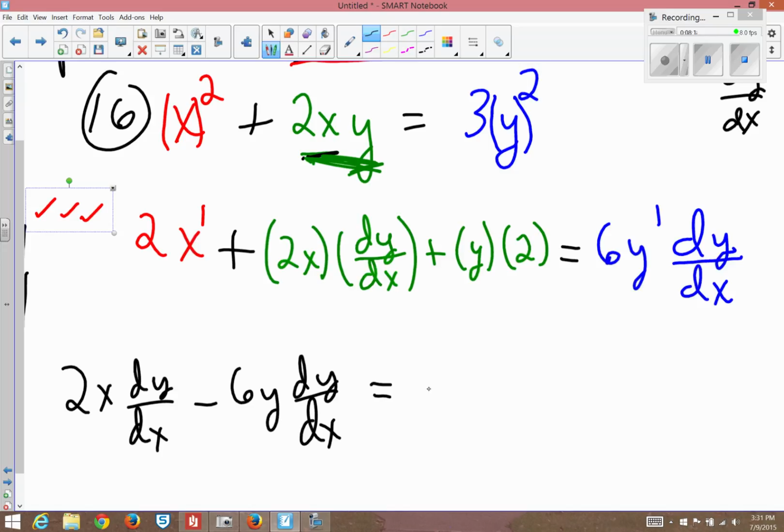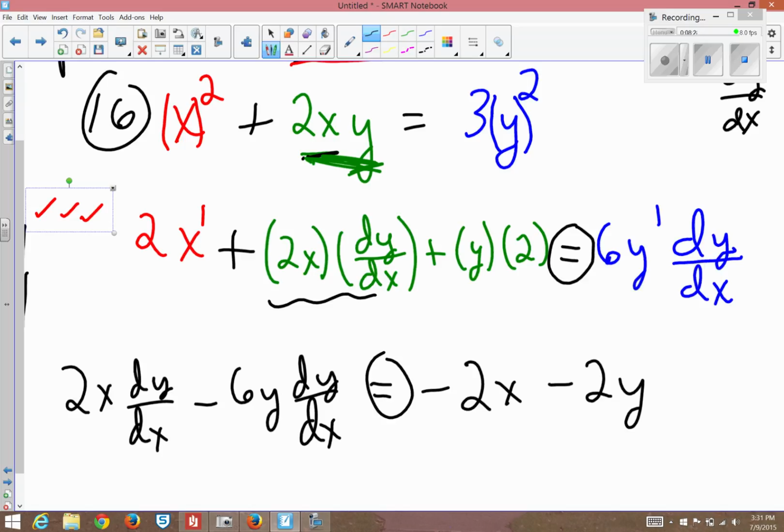Write every term that does not have dy dx on the other side. So I'll repeat that. Here's the equal sign. These are all the terms that have dy dx. This one and this one. Here's the equal sign. These are over here on the right side, all the terms that do not have dy dx. That's this one and this one.